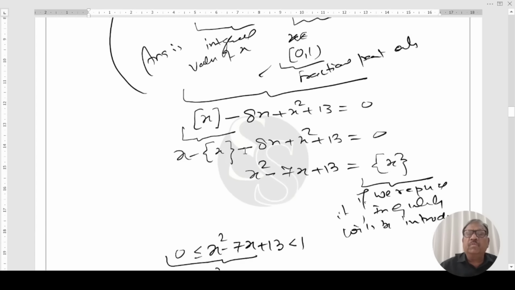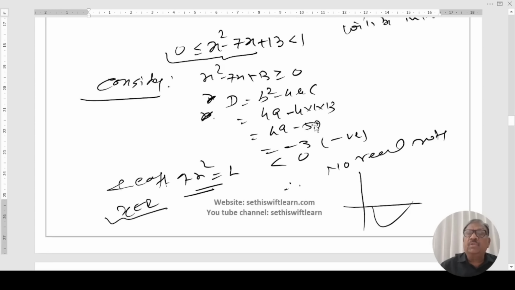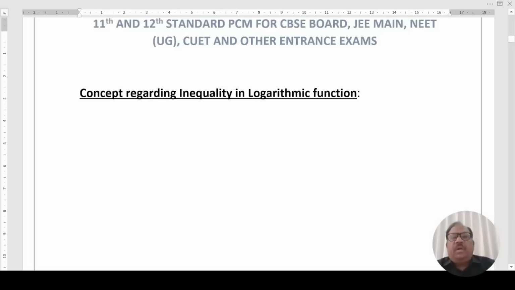From the first information we get D less than 0, it means it is for all values of x, always positive. And for less than 1, it comes out to be (3, 4). If we check it, then it does not satisfy this condition. Therefore, no solution. Right?